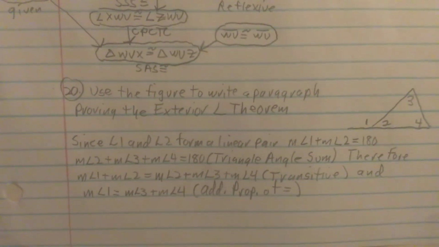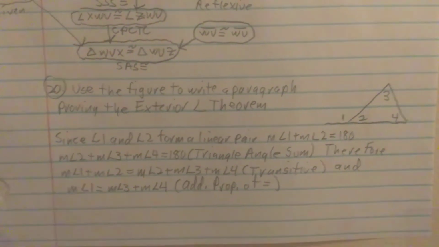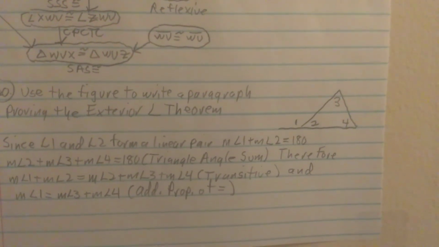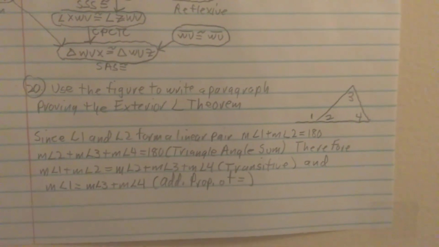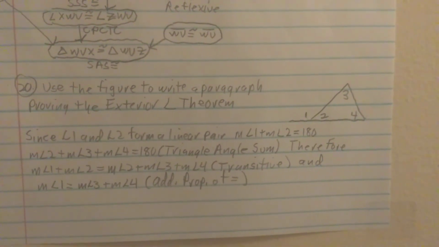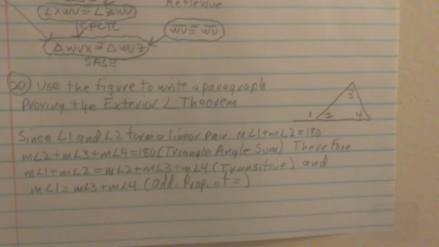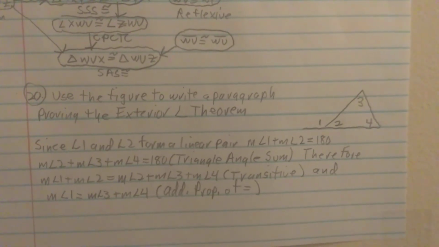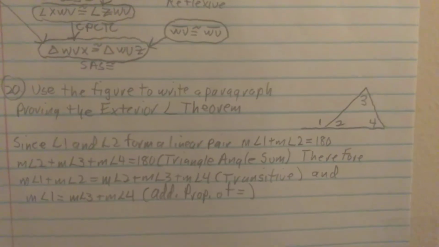And then our last one is to use the figure to write a paragraph proof proving the exterior angle theorem, where 1 is my exterior angle and 2, 3, and 4 are my interior angles to the triangle. So since angle 1 and angle 2 form a linear pair, measure of angle 1 plus measure of angle 2 equals 180, but measure 2 plus measure 3 plus measure 4 equals 180 by the triangle angle sum.